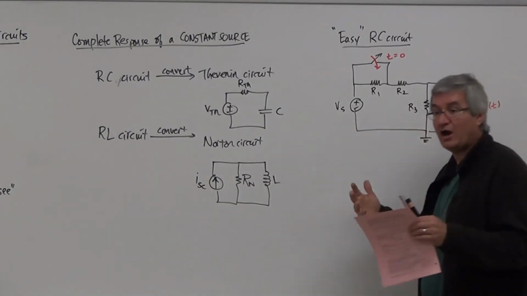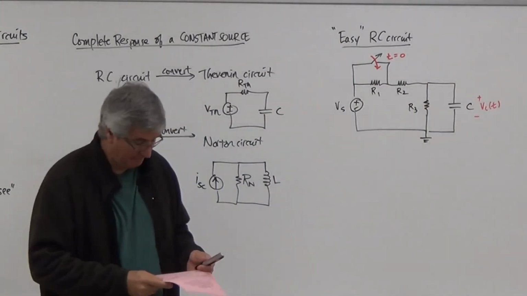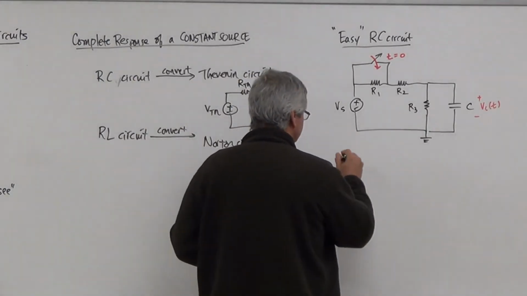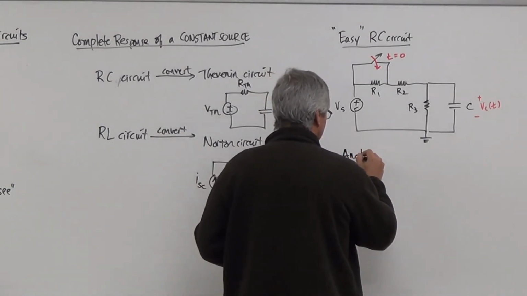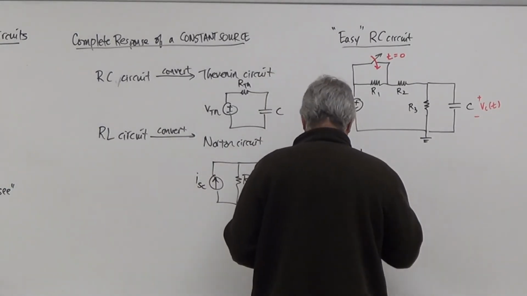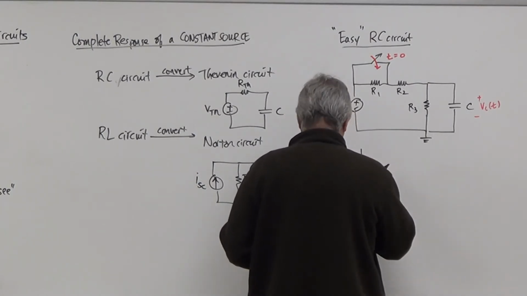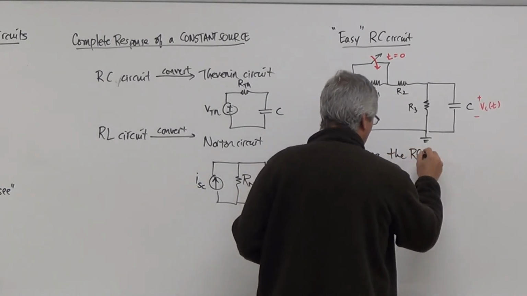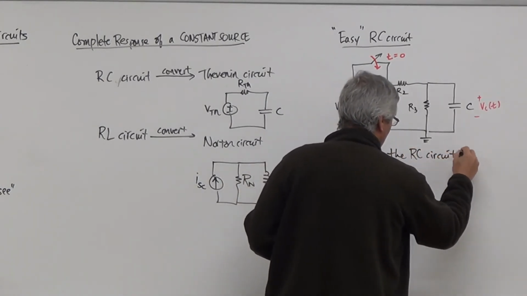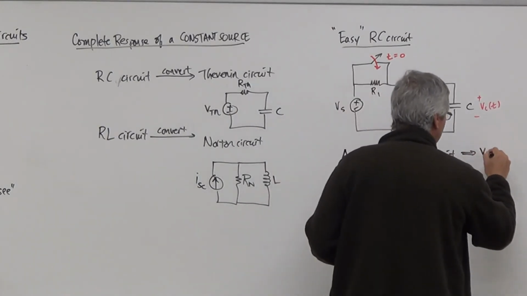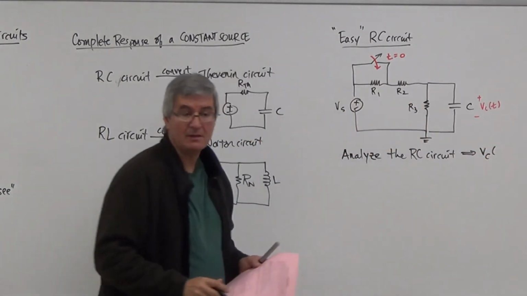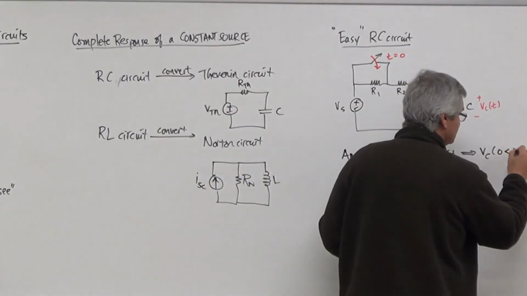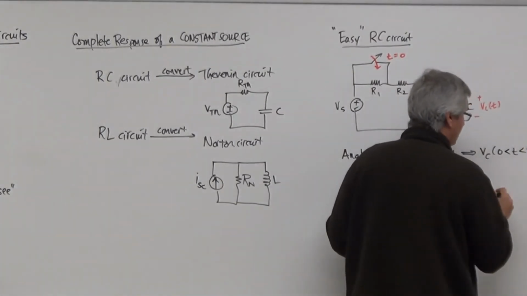So there are a couple things that we want to think about here. When we say the complete response of the capacitor, what we typically mean is that we're going from 0 less than t to 5 tau.